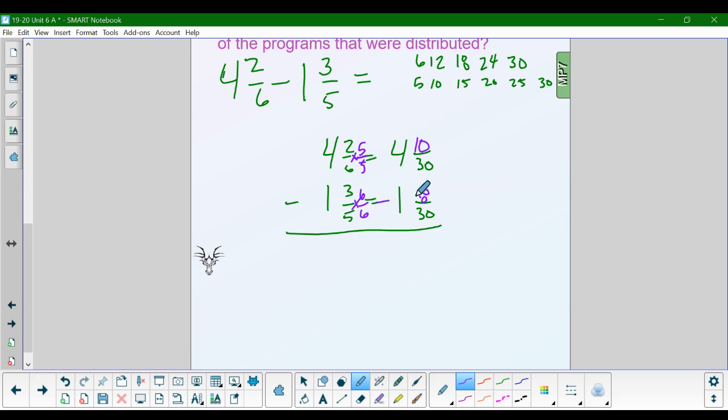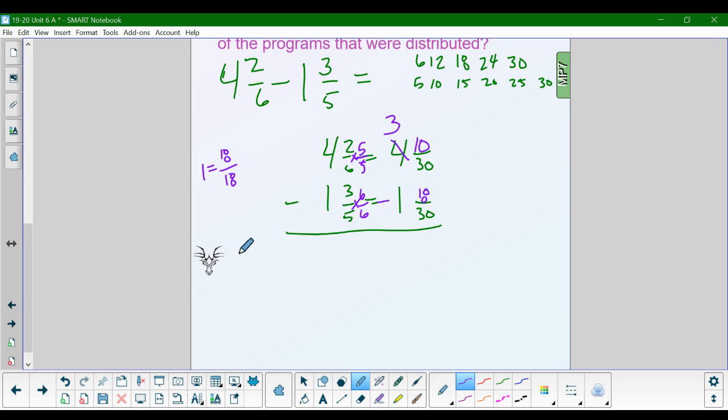I cannot take 18 away from 10. 18 is larger. When you get in 6th grade, you learn you can, but in 5th grade, we can't. So I'm going to go ahead and borrow. I'm going to take my 1 whole from here. That leaves me with 3. My 1 becomes, remember, a whole number is just all of the fractions over how many it takes to make a whole.